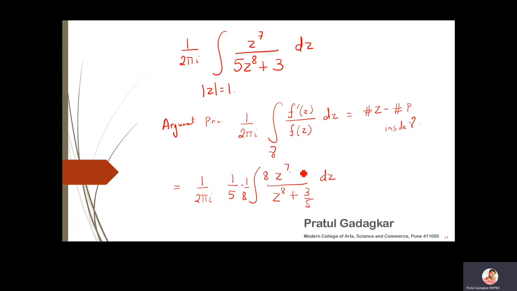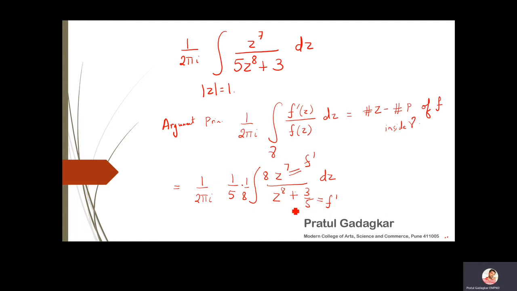Okay, and now this looks like f dash and this looks like f, and now we are going to look at this polynomial denominator. So I'm writing number of zeros minus number of poles of the function f inside gamma.